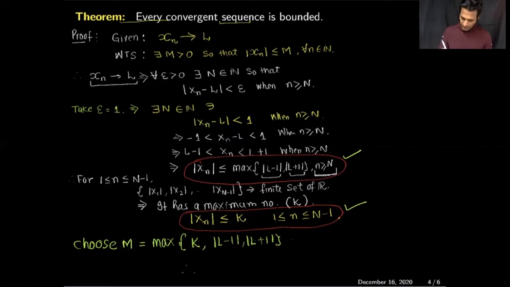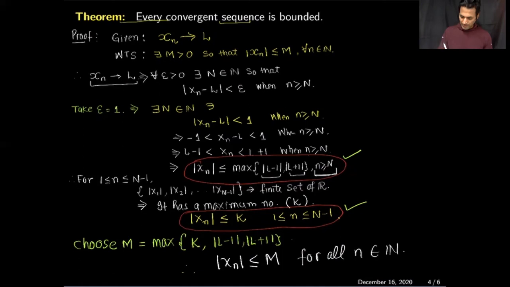Therefore, this implies the absolute value of xn will be less than or equal to that number m, and this will be true for values of n which are bigger than or equal to N, and also the values of n which are strictly less than N. Or in other words, this is true for all n belonging to the set of natural numbers.